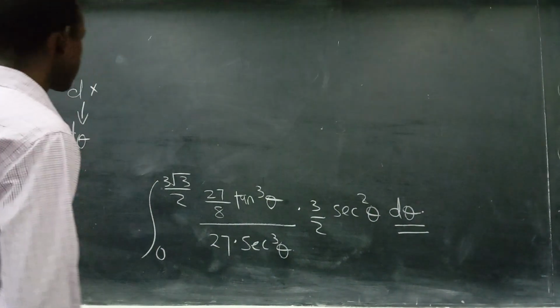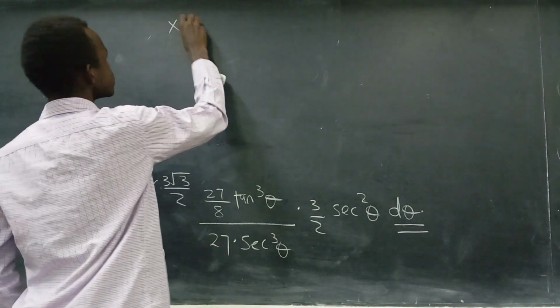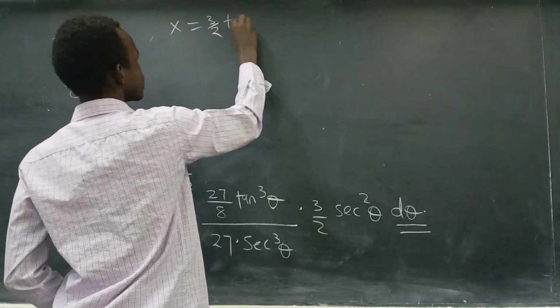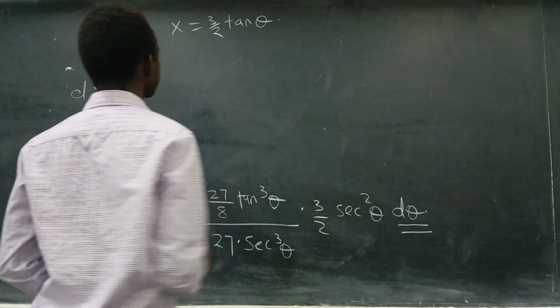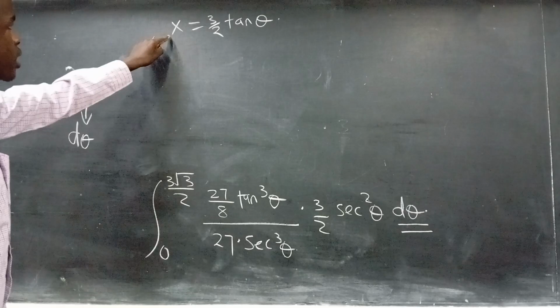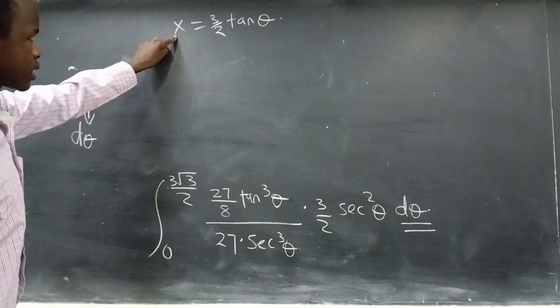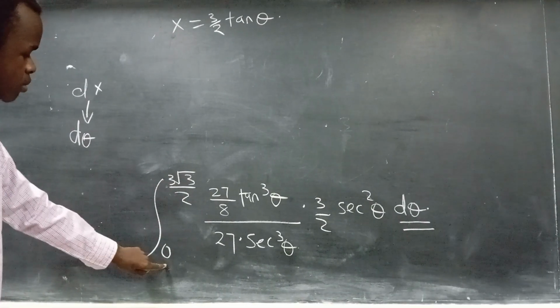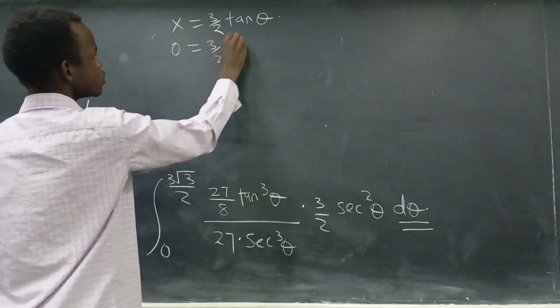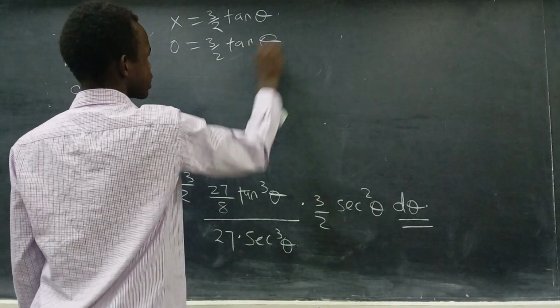So we'll say, remember our equation was x equals 3 over 2 tan of theta, right? So from there, I'll replace my x with 0. So I'll get 0 equals 3 over 2 tan of theta, okay?